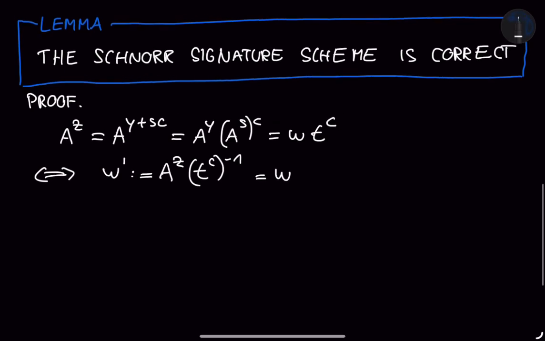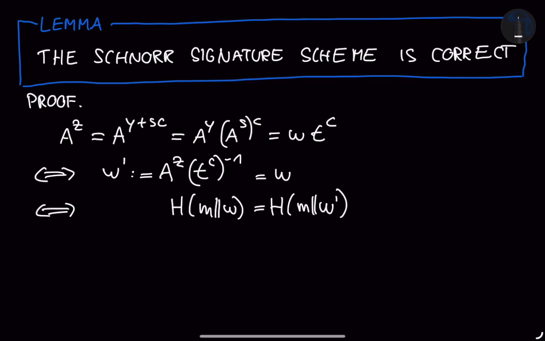So furthermore, we can use the hash function now. So if we take M concatenated with Y with W and W prime, then it's the same.